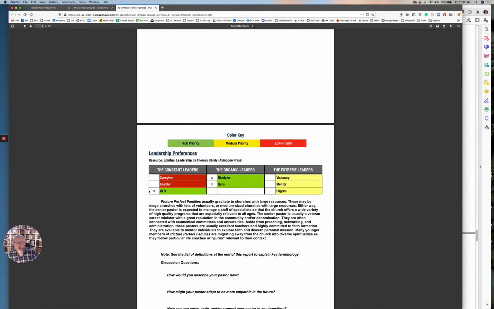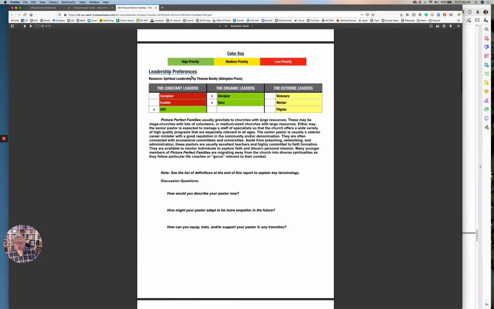This will walk you through some of the information, but then get you thinking through some questions. As you're doing the demographic work, you want to ask, what kind of leadership preferences does this picture-perfect family have? What do they look for? They're looking for leaders more of a CEO. They're looking for discipleship, a guru, someone that can talk them through some of the answers.